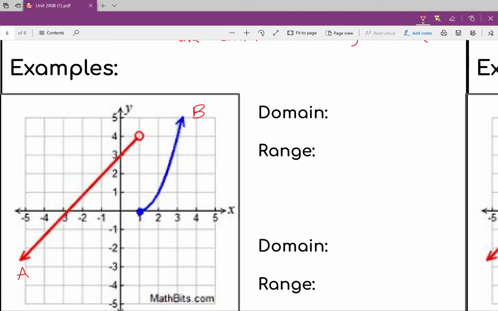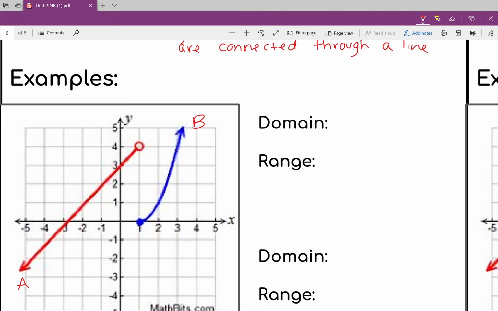Notice for the line on A, we have an open circle. Above the domain here, I'm going to make a little note that when we have the open circle, we're going to use the symbol less than. When we have a closed circle, a circle that's filled in, we're going to use less than or equal to.